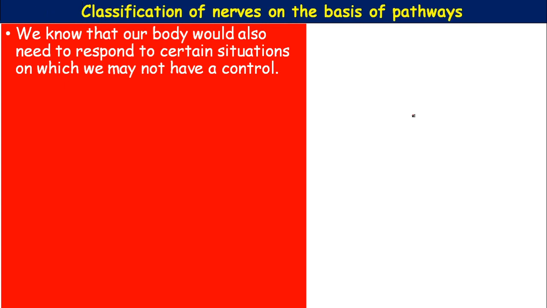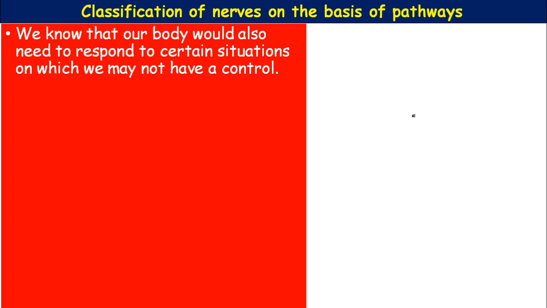Now, the classification of nerves on the basis of pathways. Our body also needs to respond to certain situations over which we may not have control. Which organs of your body were the detector and which the effector in activity 1?